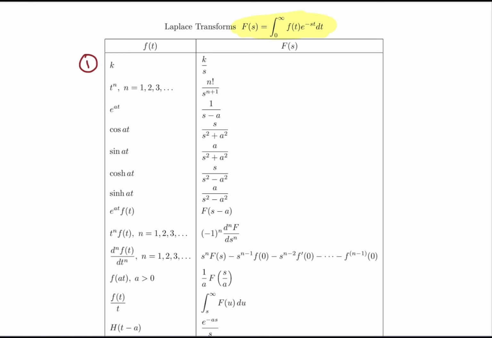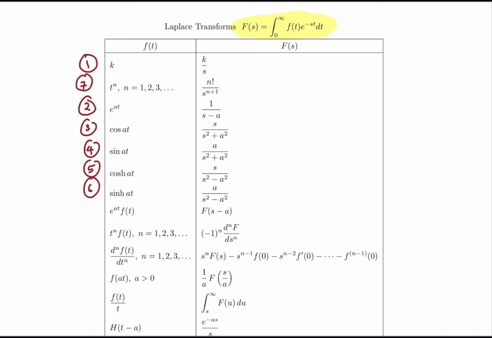We already did e^(at). The Laplace transform of e^(at) is 1 over s minus a. And then we already calculated for sine, and you can also calculate for cos. So these are 3, 4, 5, 6, and you can prove them. For number 7, we have t to the power of n.